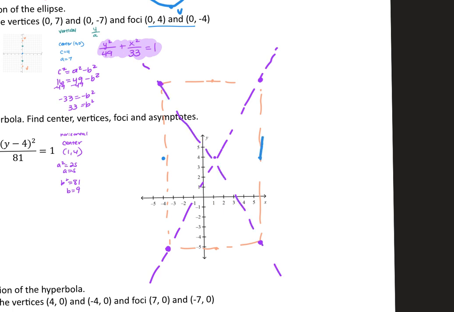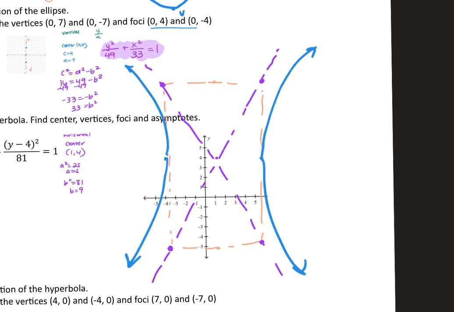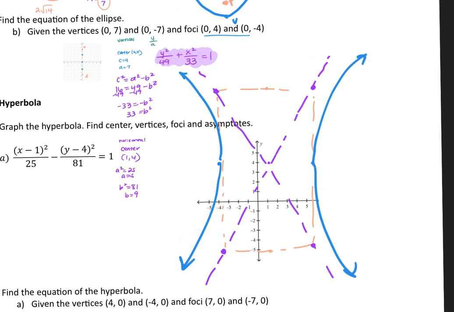And it's horizontal, so my branches point right and left. It would flip-flop if it was vertical. If I could already narrow down my graph, I obviously would, because I don't have to do any extra work, but it's going to ask for your asymptotes.